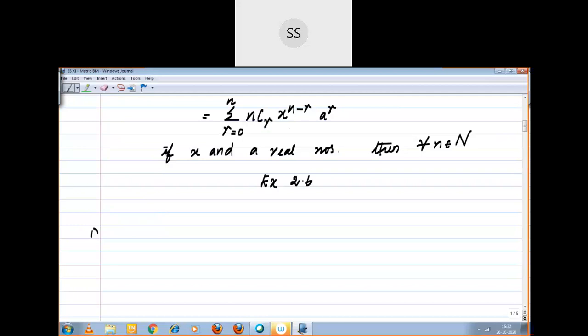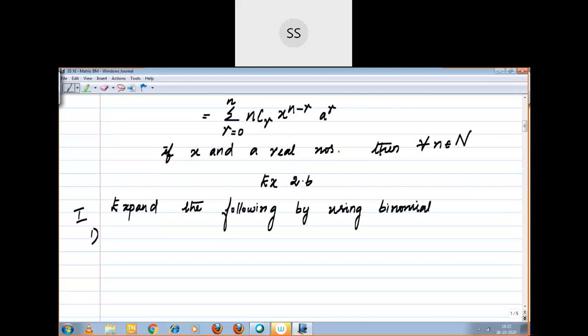Question number 1, first Roman letter, expand the following by using the binomial theorem. There is no proof for you, only the statement you have to learn thoroughly.